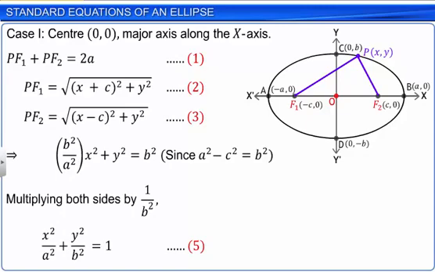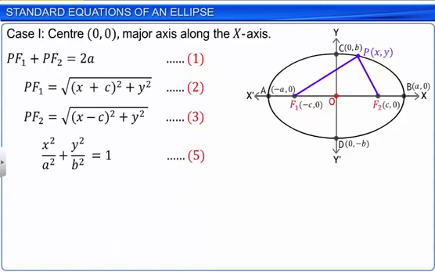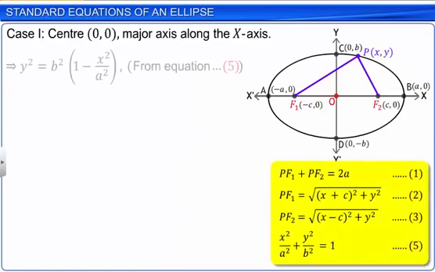We can say that equation 5 represents the given ellipse if the coordinates of point P as derived from this equation satisfy the geometrical condition PF1 plus PF2 is equal to 2a. From equation 5, we get y square is equal to b square into 1 minus x square upon a square.